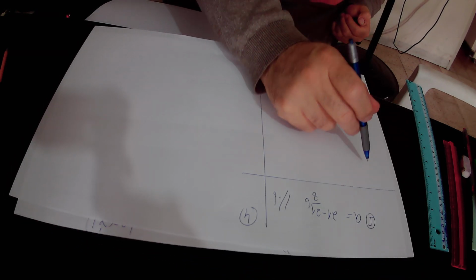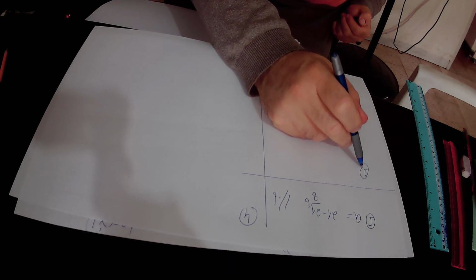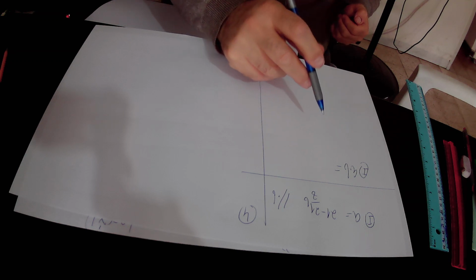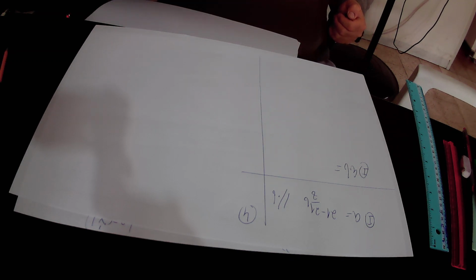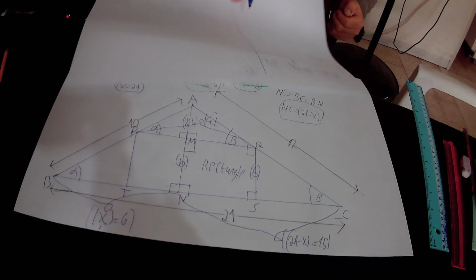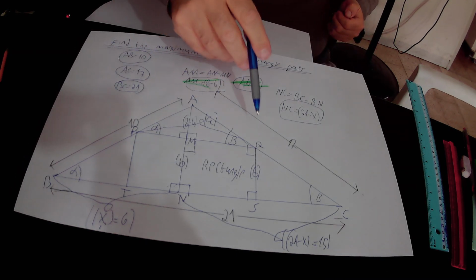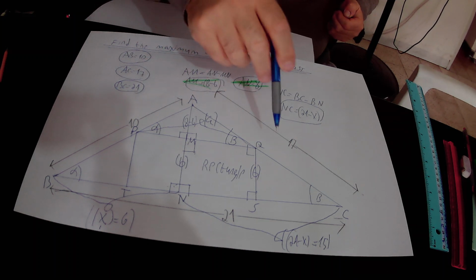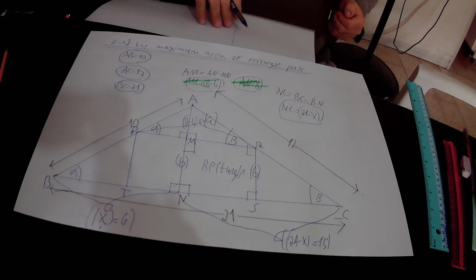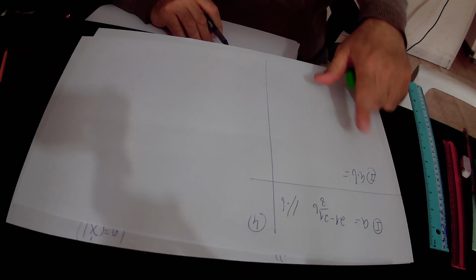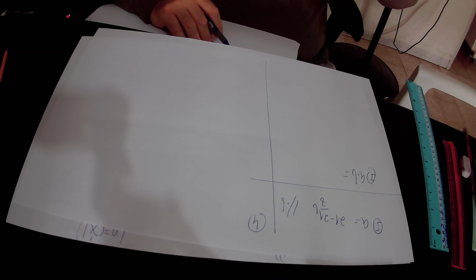On this side of equation 1 we will have a times b, that is, the length times the width, which is the area of this rectangle PQST. That is the area that we are looking for.